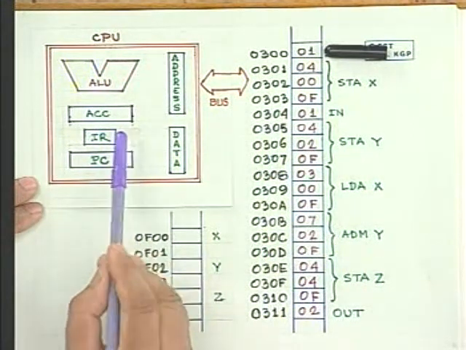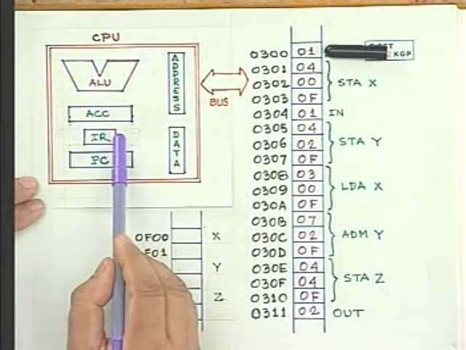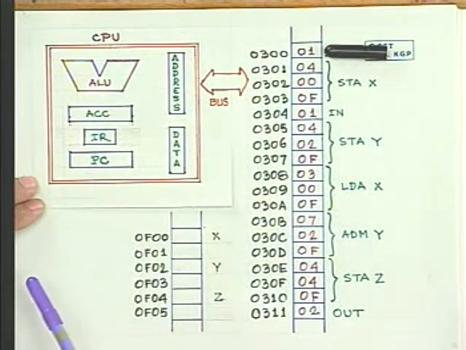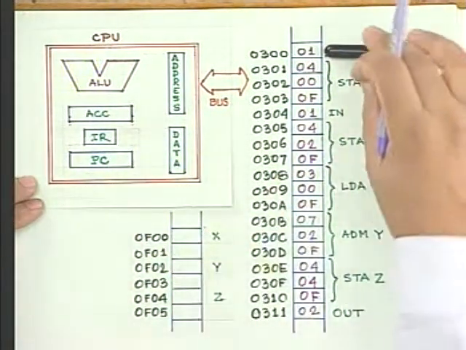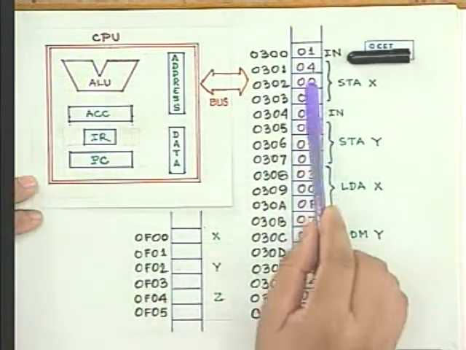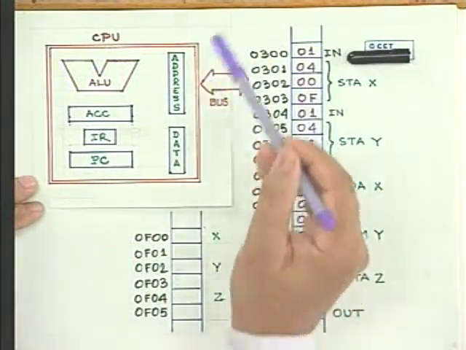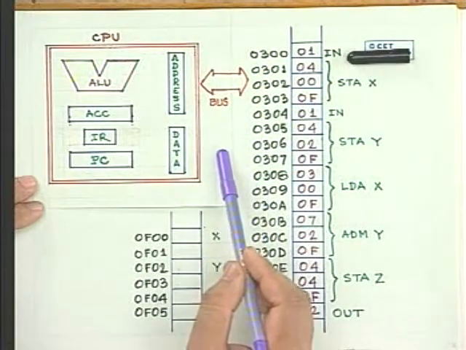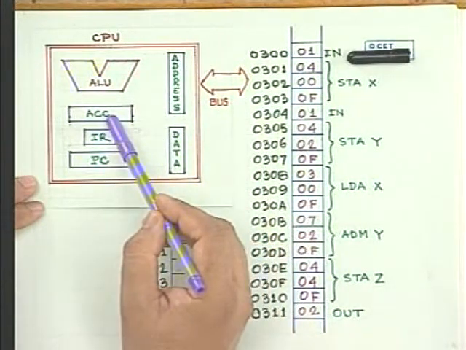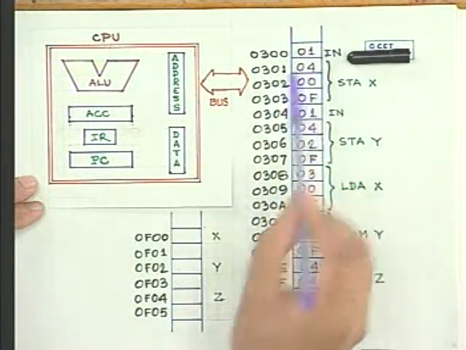There will be another unit, a decoder, which will decode the content of the instruction register to know what instruction is being executed, and seeing that it is an in instruction, it will input from some external device through the data register a value into the accumulator. And the execution of this instruction is over.